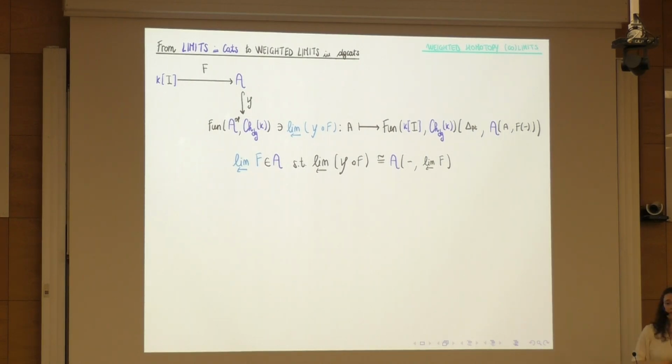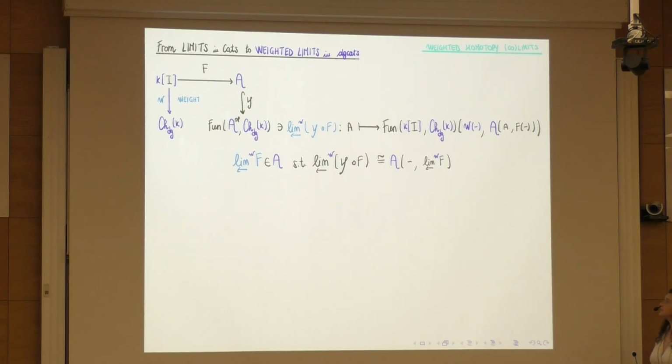And then I need one more piece of data, which is called a weight, and is a functor from k[I] to the DG category of chain complexes over k. And I substitute this weight here where I had before the constant diagram functor. What I recover by making this substitution is the notion of weighted limits, which is actually the good notion of limits when we work with an enriched category.